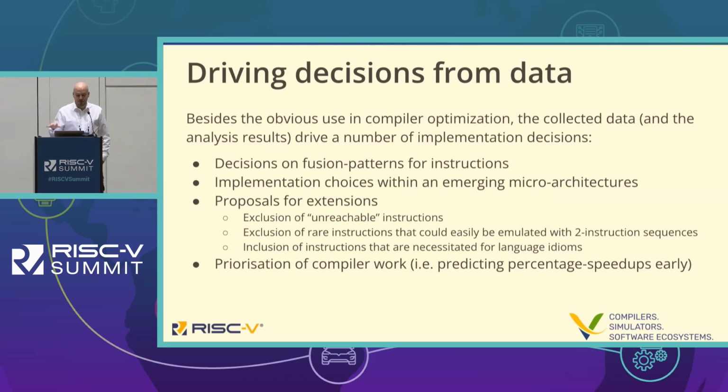Besides that, we've also been seeing that data like this, because this is just a snapshot out of many gigabytes of analysis, can actually drive decisions. A lot of our members are semiconductor companies, and there are trade-off decisions every day in designing the silicon.